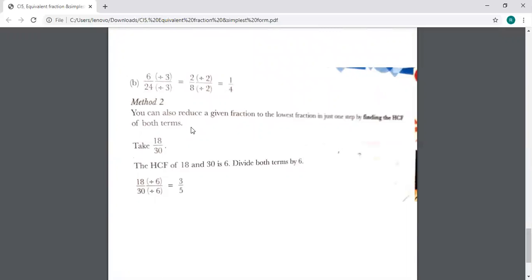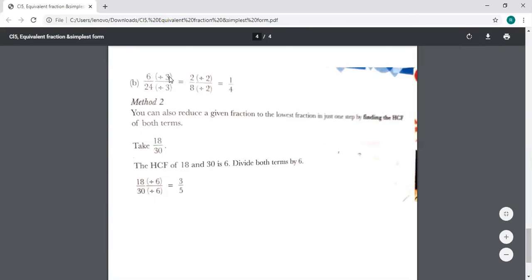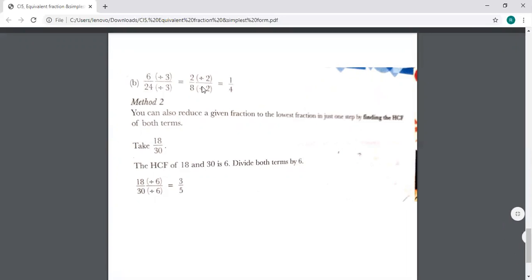Now there's another method. You can also reduce a given fraction to its lowest form in just one step by finding the HCF of both the terms. I recommend this to you because you will learn HCF nicely and be thorough with it. Here we are dividing by 3, one common factor, and again by 2, another common factor.